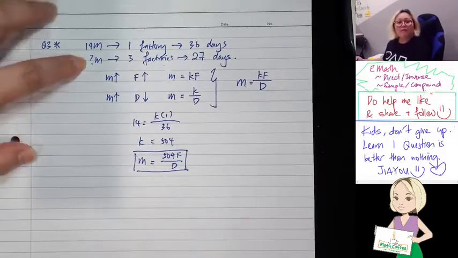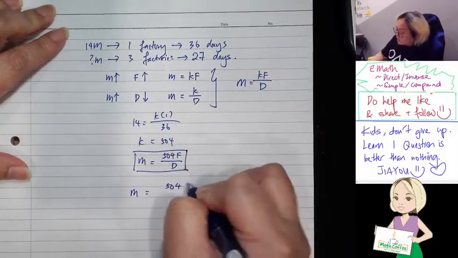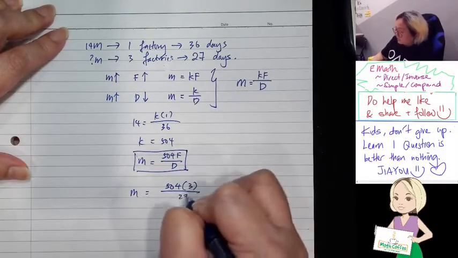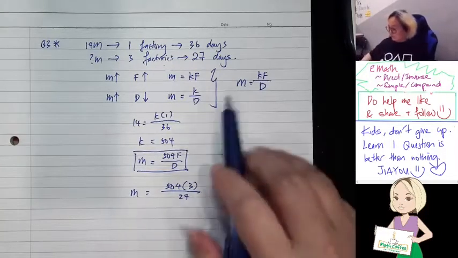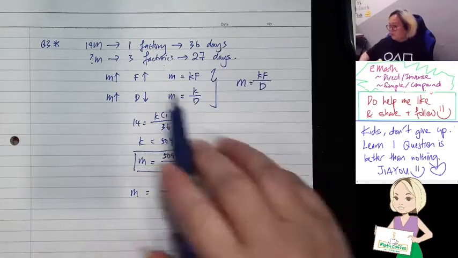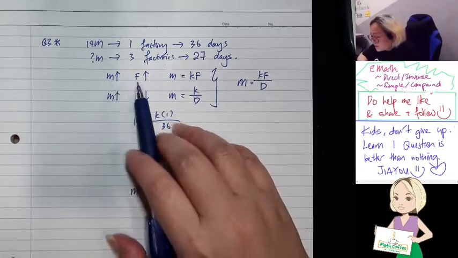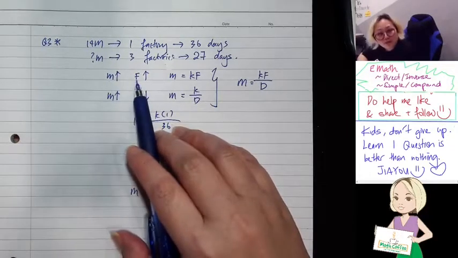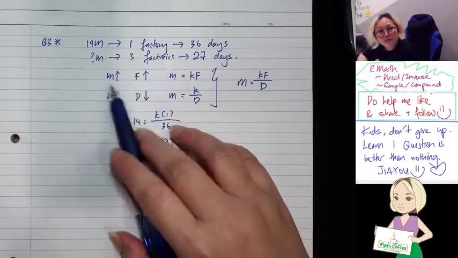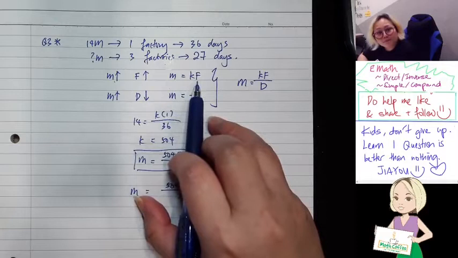How many men for 3 factories? M equals 504 times 3 over 27. Because I have explained that when you have more men, you can paint more factory, so men and factory are in direct proportion, M equals KF.